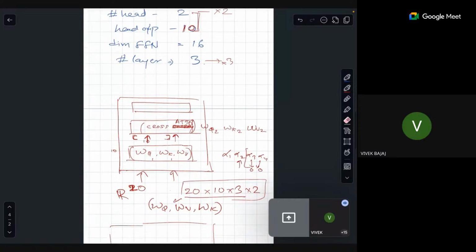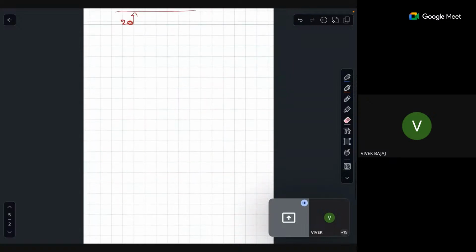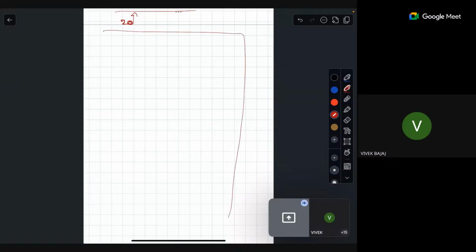I'm not yet clear on this, sir. You have put 20 cross 10 cross 3 for both the self-attention layers. So actually, let's not write any short forms. This is head 1 and this is head 2.